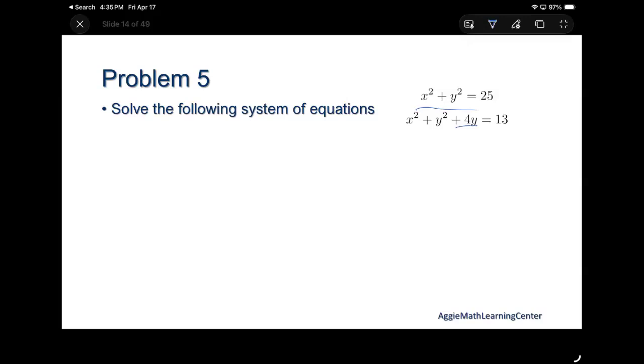So if I have both of these equations, I have a 0y in this one. Then I'm going to subtract this whole equation from that one.